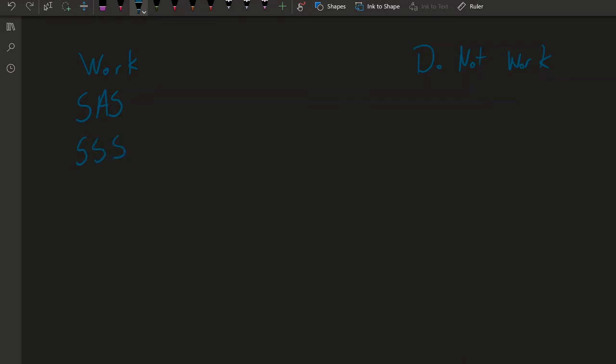SSS, HL, I'm going to put a star right here because this is only for right triangles. And then today we learned that ASA will work as well as AAS. So you have 5 different ways to prove that two triangles are congruent.